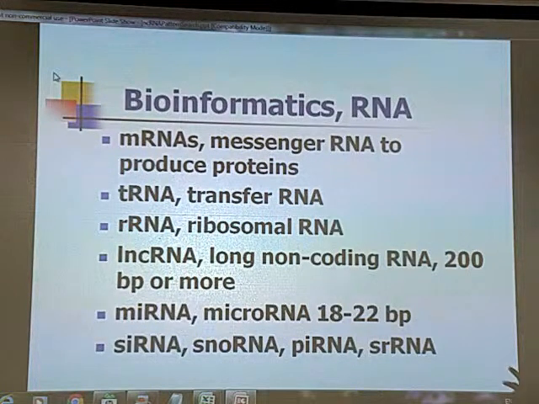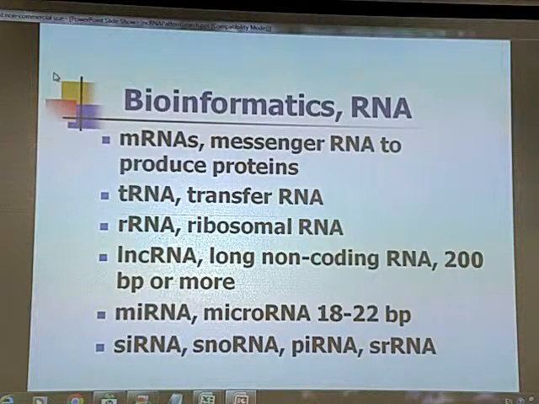And we know these RNAs are basically part of the ribosome system, which builds a protein from the messenger RNA. So these are all the RNAs that are well understood.